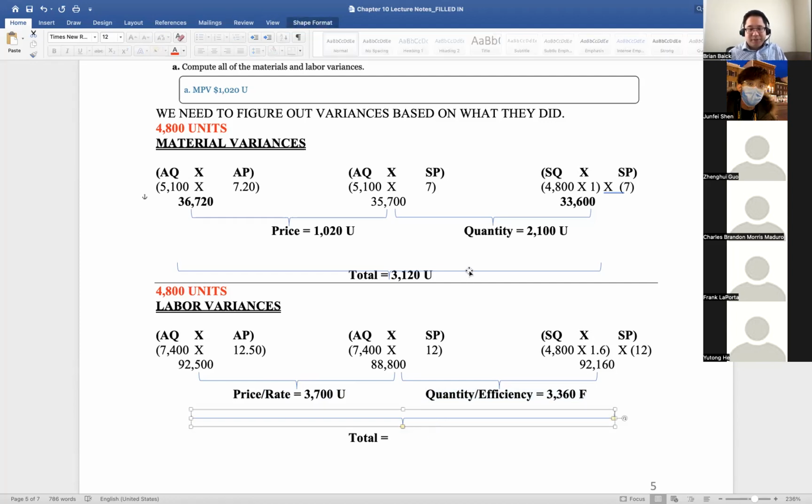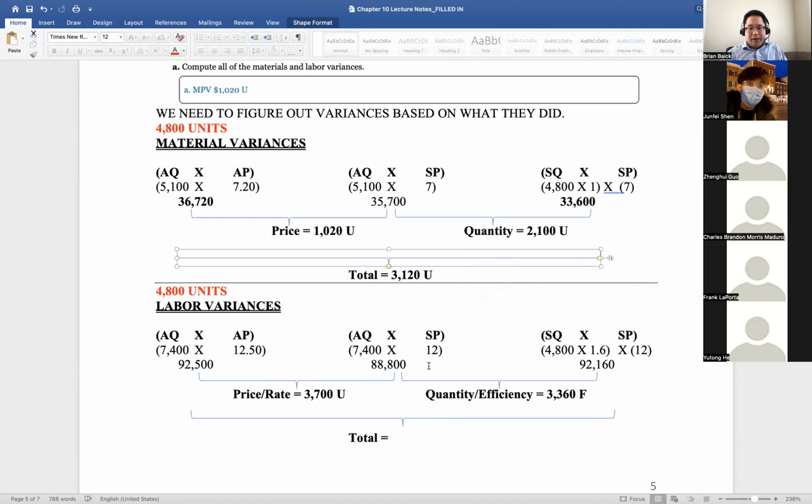That's not going to always work. For the material variances, if you took 1020 plus 2100, you do get the total variance because they're all the same type of variances. For the labor variances, we have one that's unfavorable and one that's favorable, so you can't add them, you'd have to subtract them. That's too complicated to memorize.